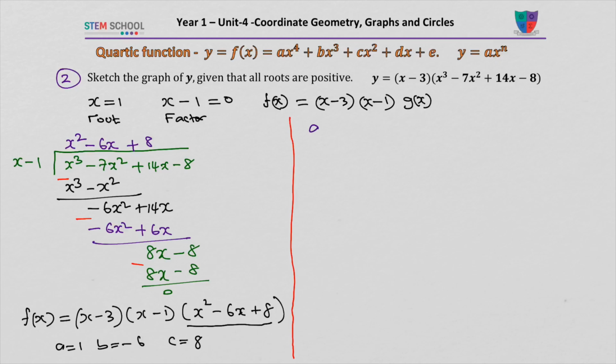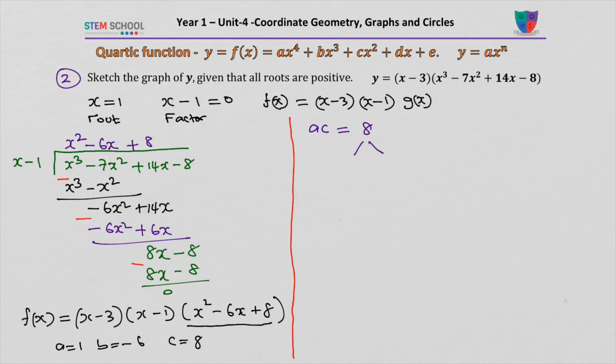Using AC, 1 times 8 is 8. What two numbers multiply to get 8 and add up to minus 6? Minus 4 and minus 2.